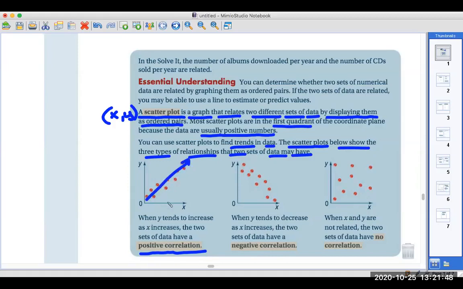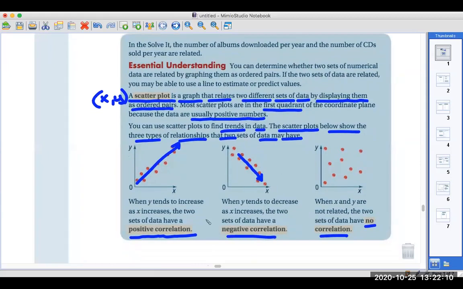As X increases, the Y values increase. This one looks like it has a negative trend. It means as X gets bigger, Y values are getting smaller. And this has no trend. They're all over the place, so it's no correlation. And this one here is called a negative correlation. So those are the 3 words you probably have to use throughout the text.